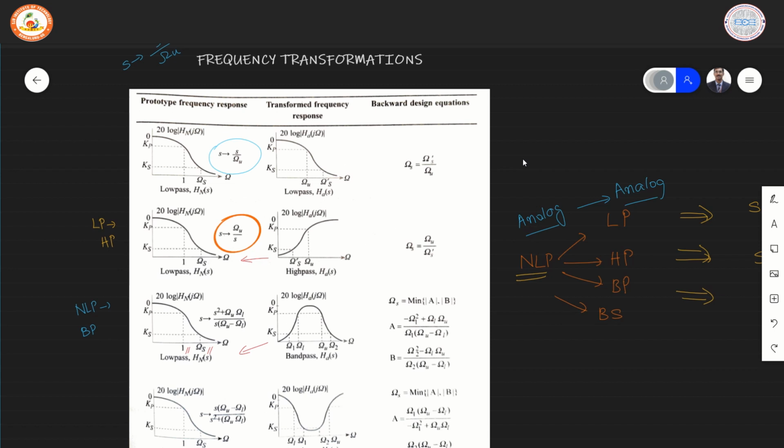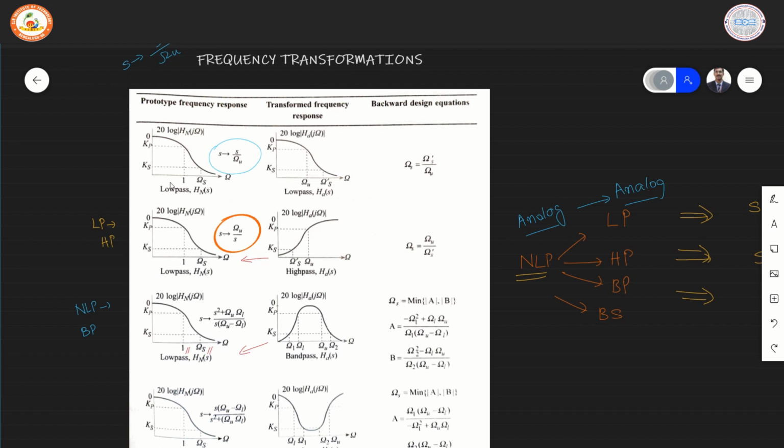The method of designing a Butterworth analog filter involves designing a prototype first. A Butterworth prototype is one whose edge frequency for the passband should be equal to 1 radian per second.